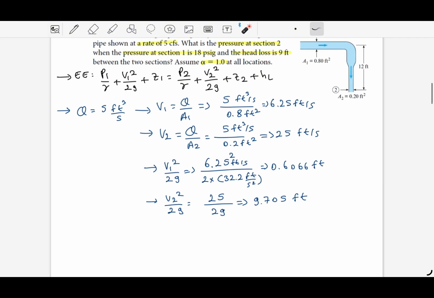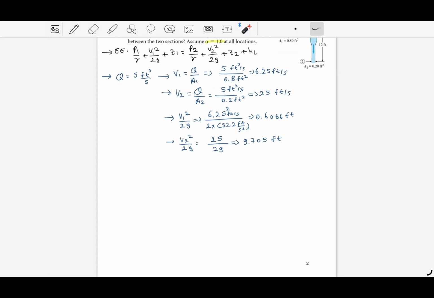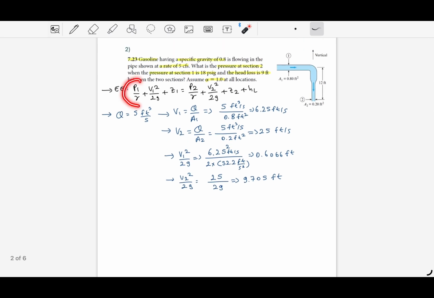So this is the energy equation, but this time we have head loss, which is written on the right hand side. This is because the energy is higher at this point, and it is getting lower due to head loss.